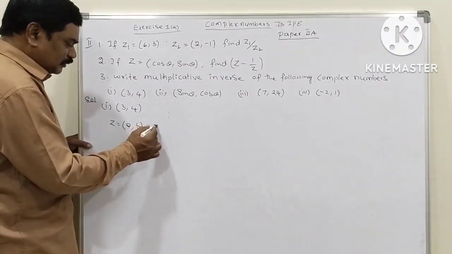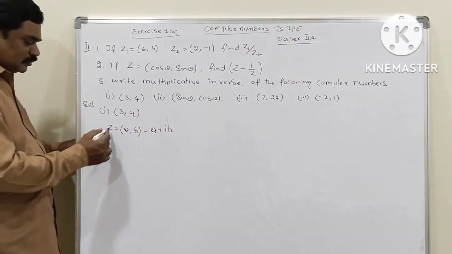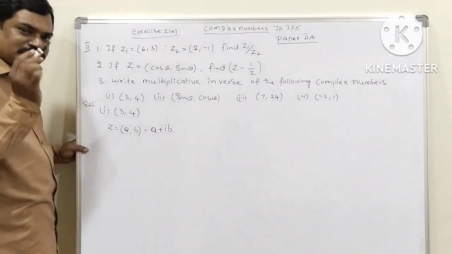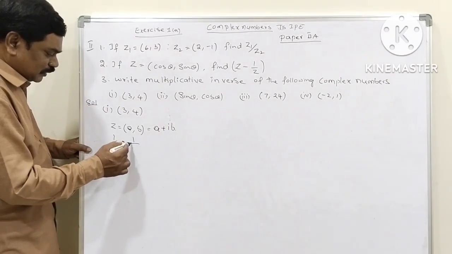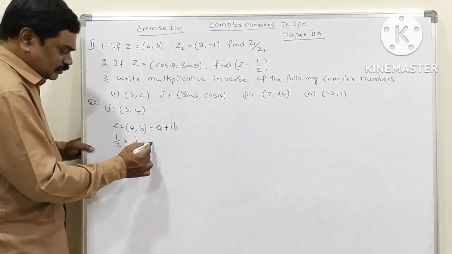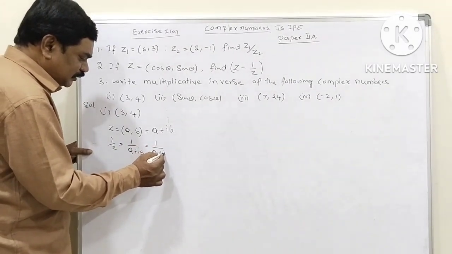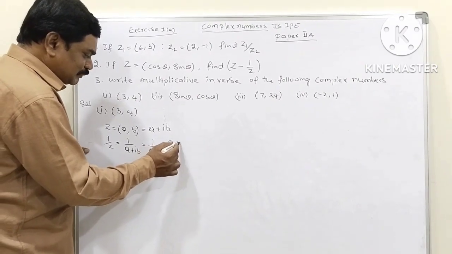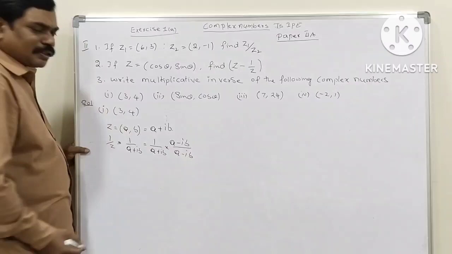This is equal to a plus ib. We want to find the multiplicative inverse of z. So 1 by z is equal to 1 by a plus ib. This is equal to, we have to multiply and divide with a minus ib by a minus ib.